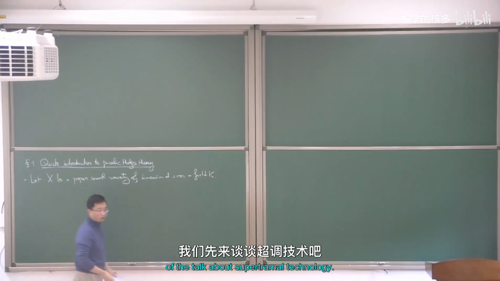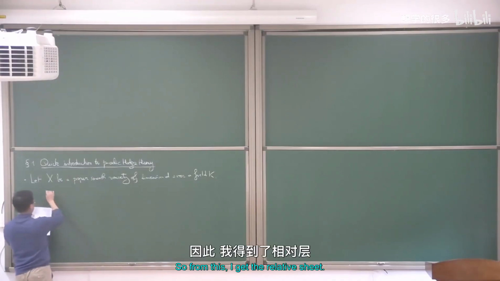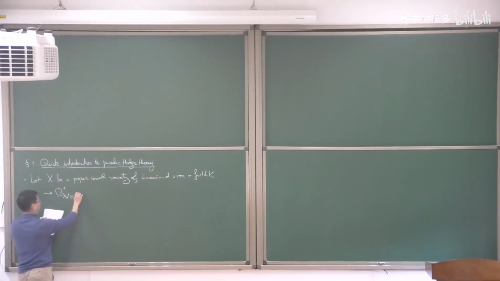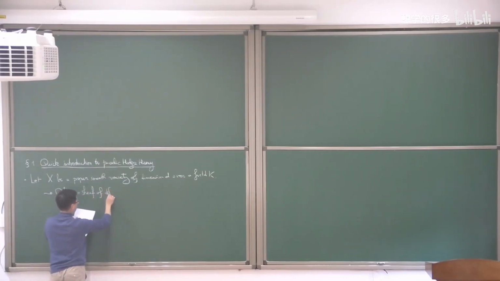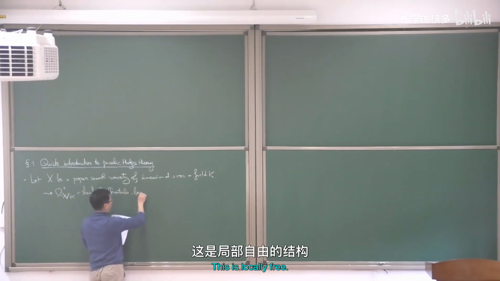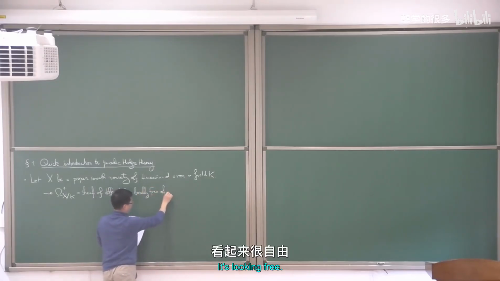Let's first of all talk about so-called de Rham cohomology. From this, I get the relative differential sheaf. This is locally free because smooth means locally free of rank d.